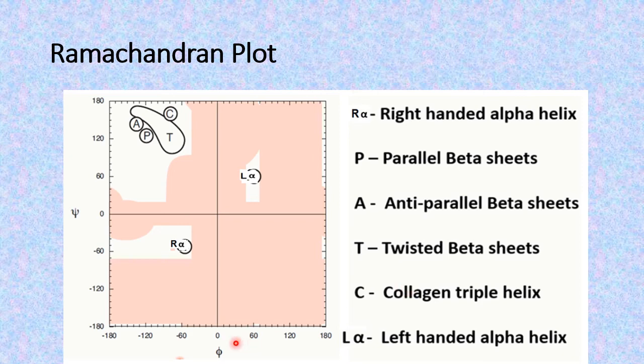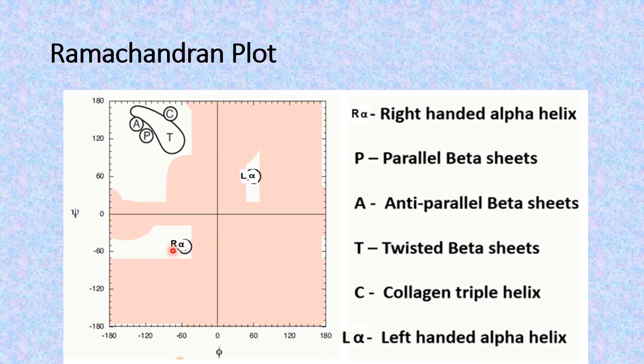Now, however, if both phi and psi have counterclockwise rotation, that is negative values, the polypeptide backbone forms the right-handed alpha helical structure, which is stable only in this range.